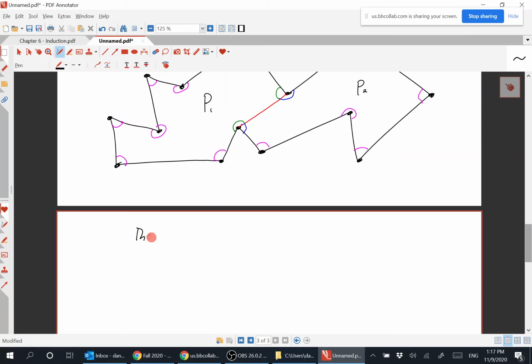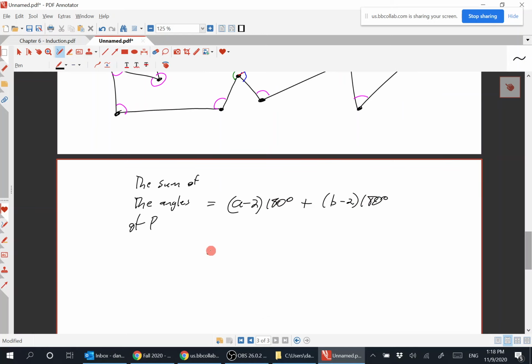So the sum of the angles of P is equal to the sum of the angles for P1, which is A minus 2 times 180 degrees, plus the sum of the angles of P2, which was B minus 2 times 180. So this is equal to A plus B minus 4 times 180.